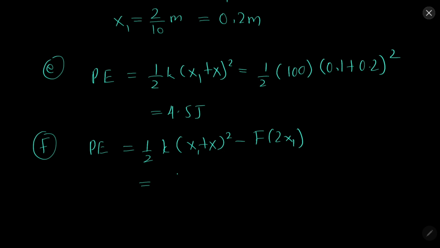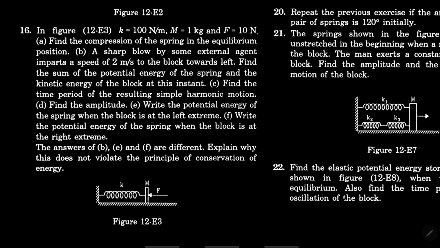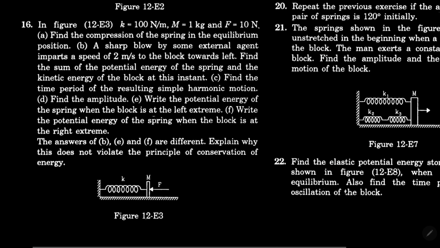It will give us 4.5 minus 10 into 0.4, which will be 0.5 joules. And these answers of B, E and F do not violate the principle of conservation of energy because work is done by the external force of 10 Newton.